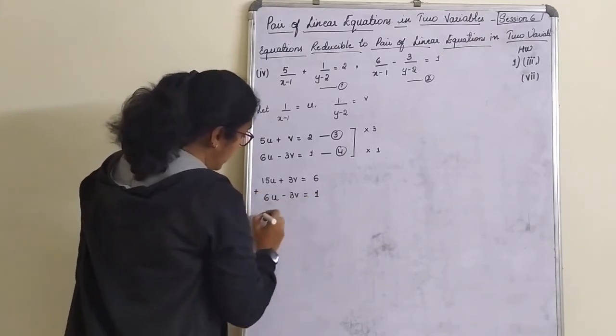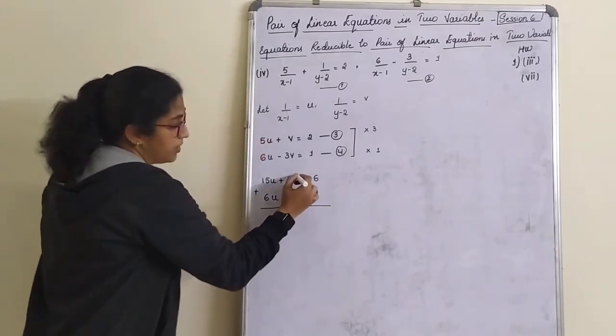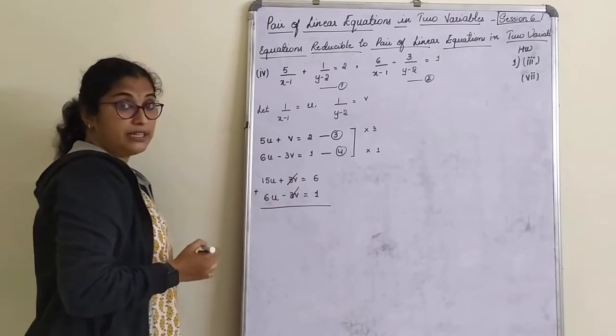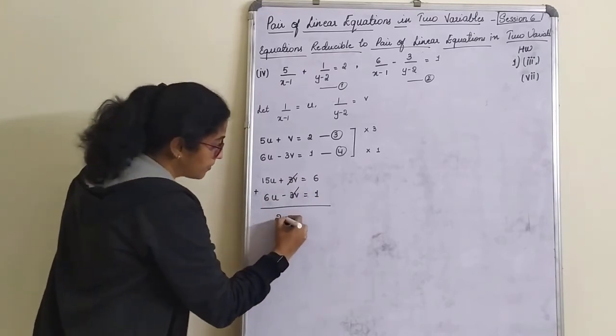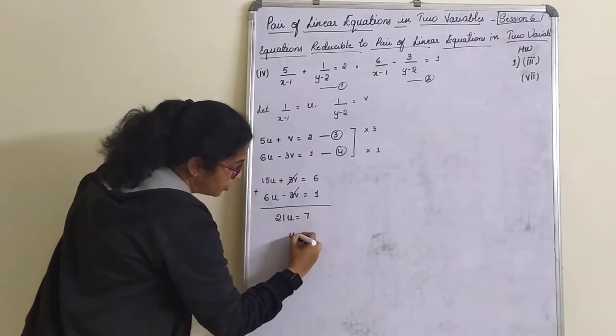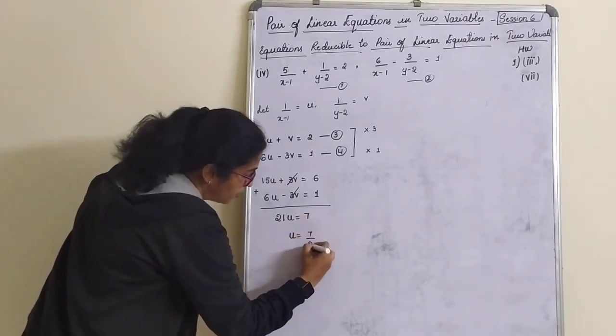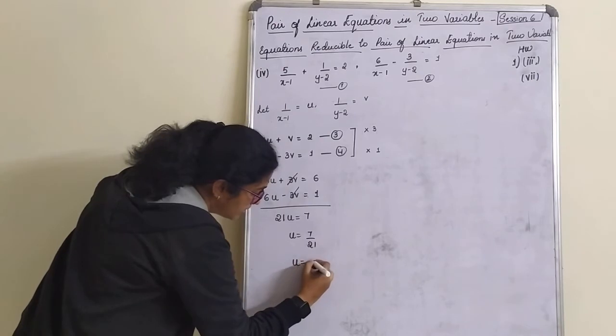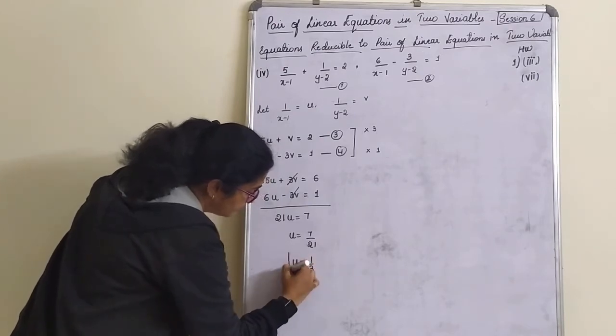You are actually adding the equations here. Plus 3v minus 3v will get cancelled. 21u is equal to 7. U is equal to 7 upon 21. U is equal to 1 by 3.